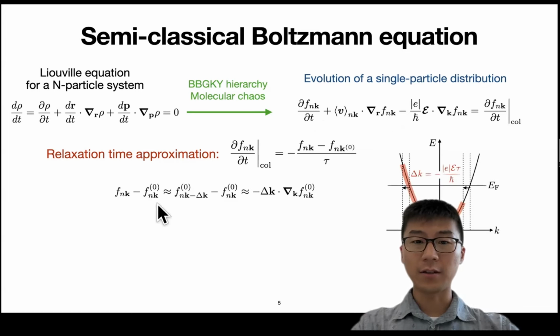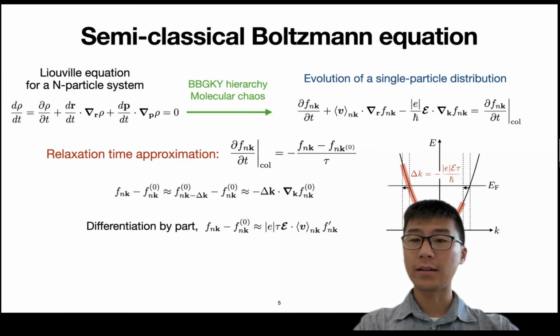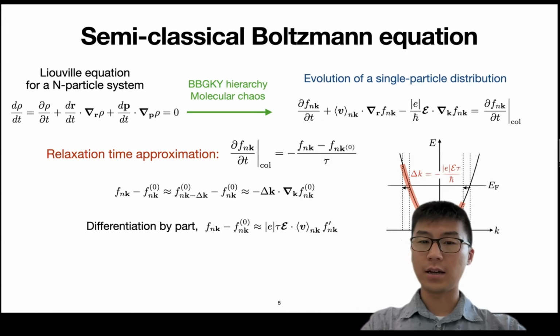The occupation function can be easily obtained: it is nothing but the change of the occupation function in momentum space, as schematically shown here. The change of momentum delta k is proportional to the electric field E times the momentum relaxation time divided by h-bar. This can be turned into a simple form by integration by parts, so basically we get the velocity together with the energy derivative of the occupation function.